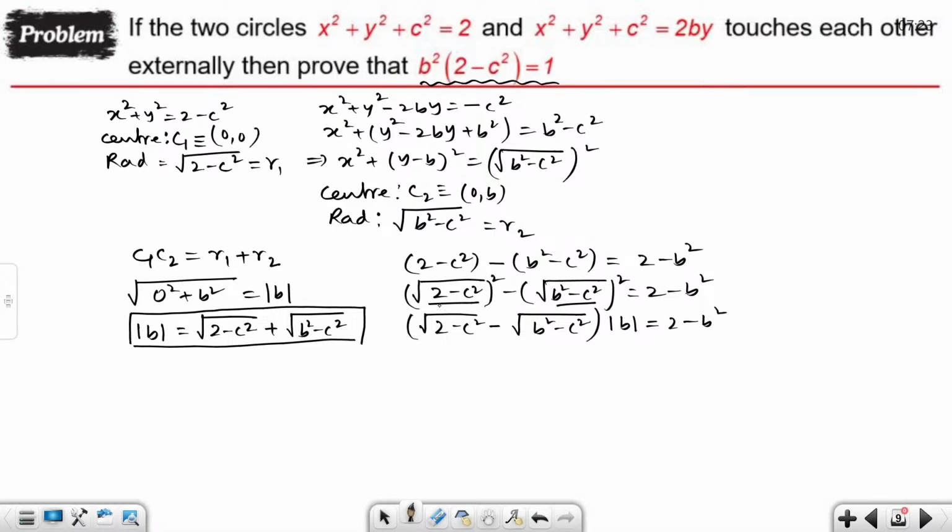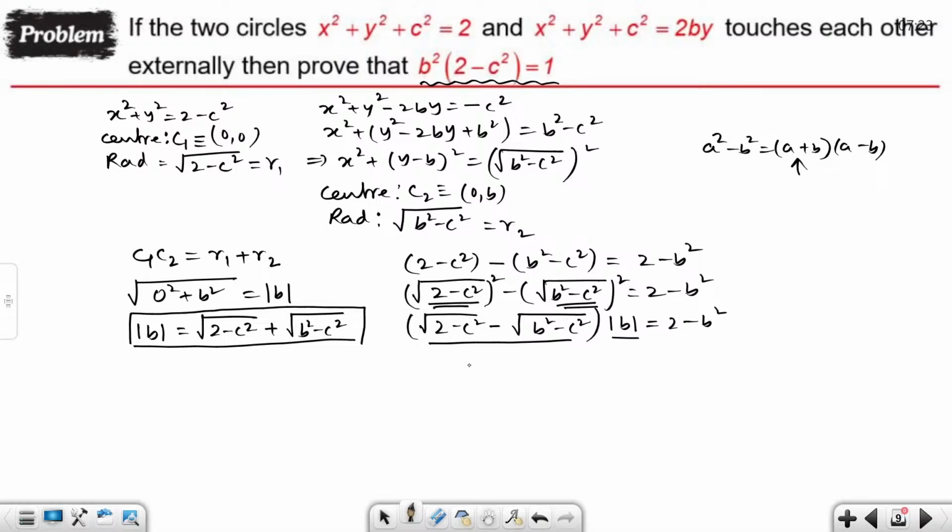Have you understood this? This is actually a square minus b square. So a square minus b square gives us a plus b into a minus b. For this a plus b, that is this one plus this one, that gives us mod b. I have replaced that. And the minus one I have written exactly in the same way.